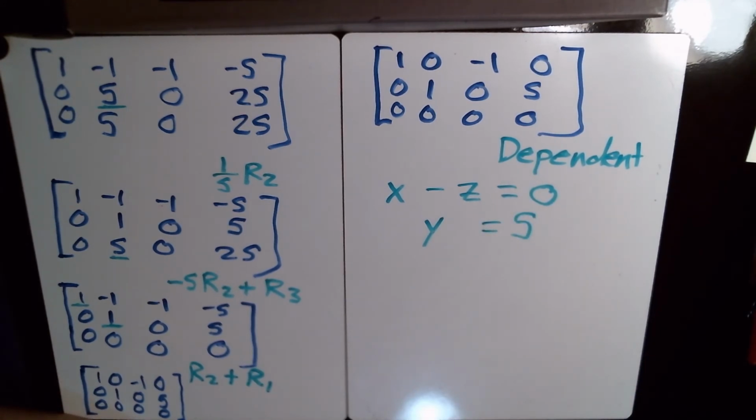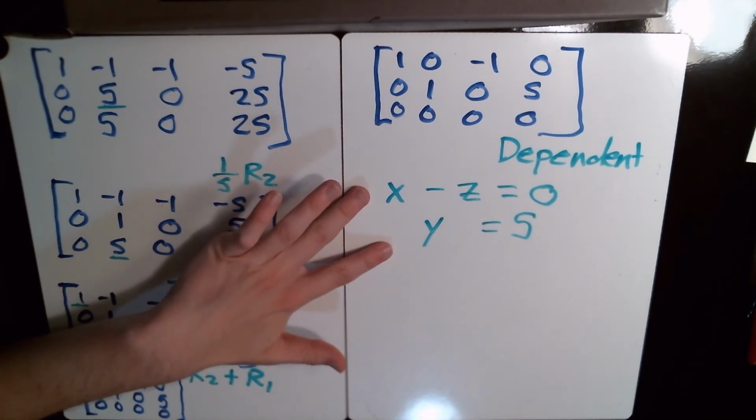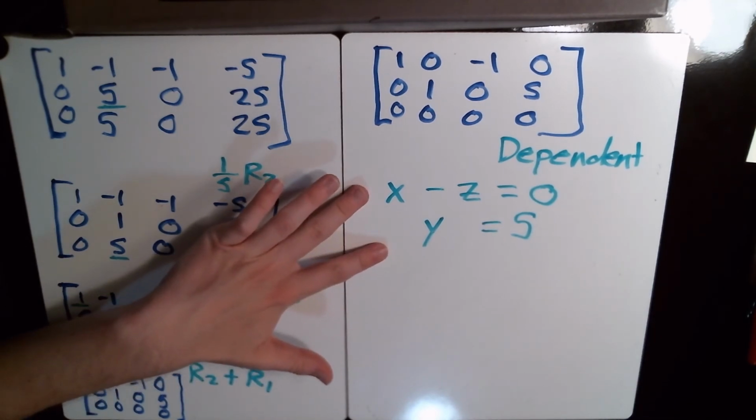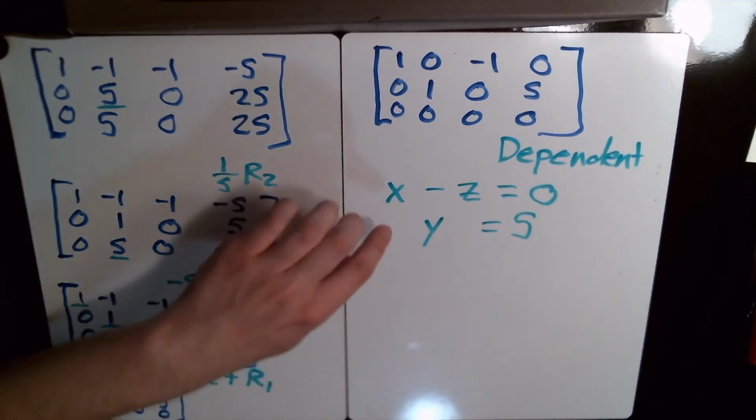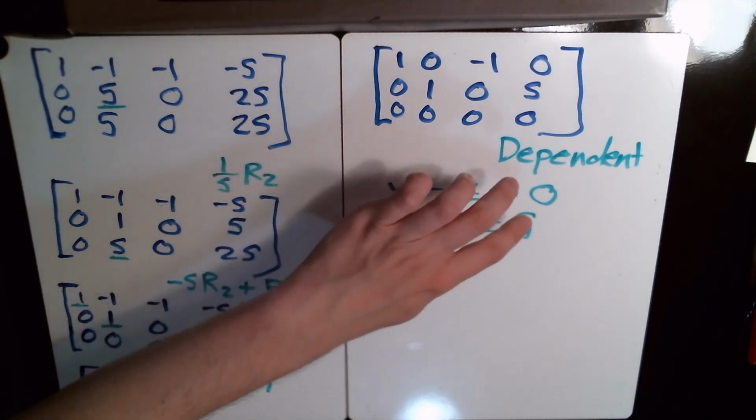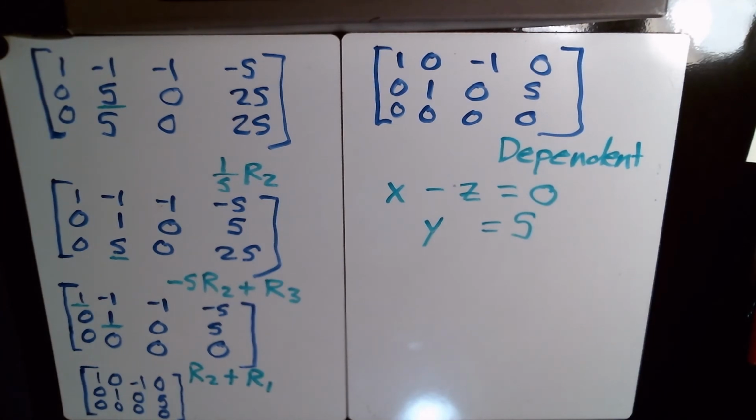So really, our original system of equations can be simplified down to these two equations. Okay? Y always needs to equal 5, but as long as x and z satisfy this relationship, it's going to be a solution. Okay? And so then what we do is, actually I guess the variables we used in this problem were r and s and t.